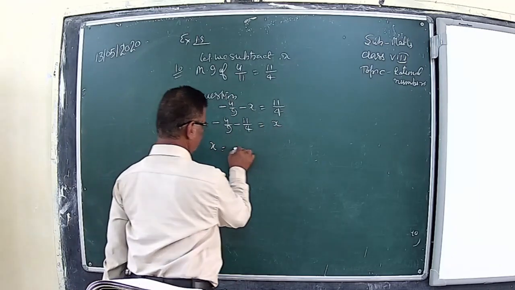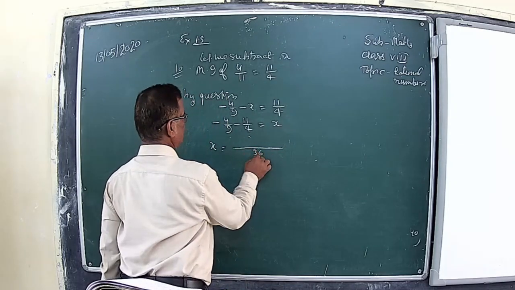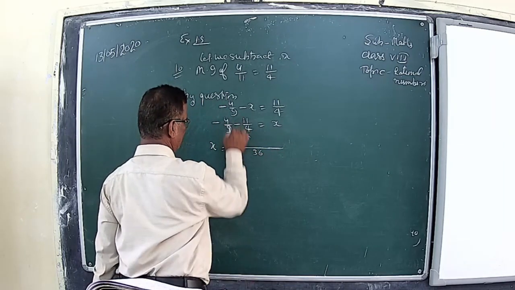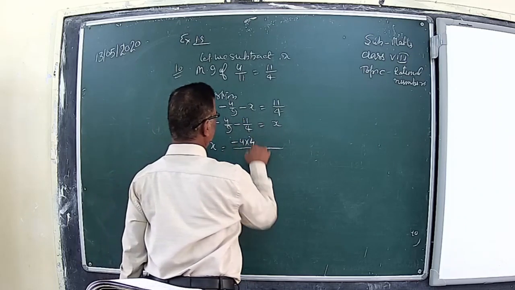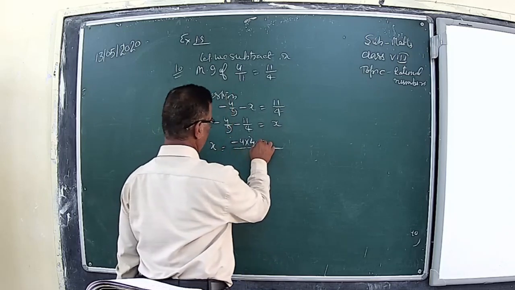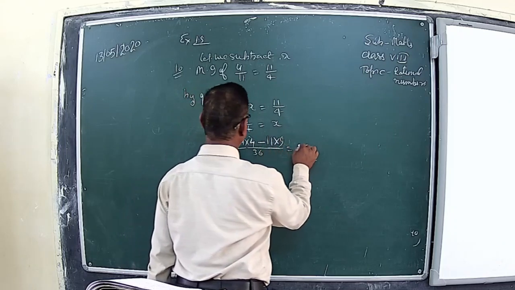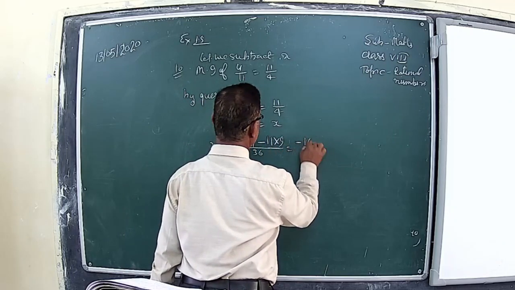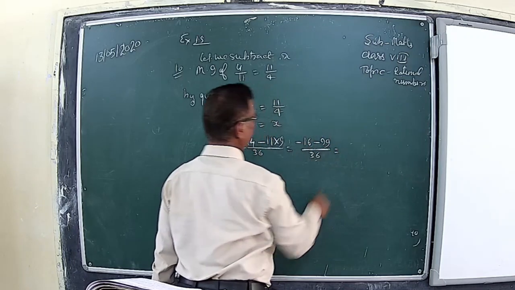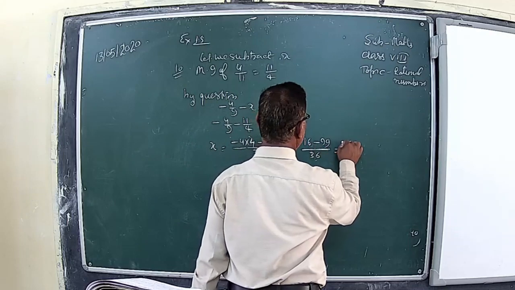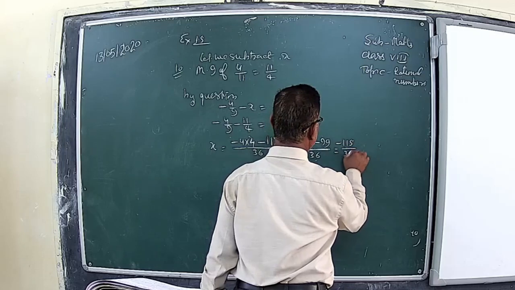x is equal to, LCM of 9 and 4 is 36. 36 divided by 9 is 4, multiply with minus 4. Minus 4 into 4, minus 11 into 9, is equal to minus 16 minus 99 divided by 36, which is minus 115 divided by 36.